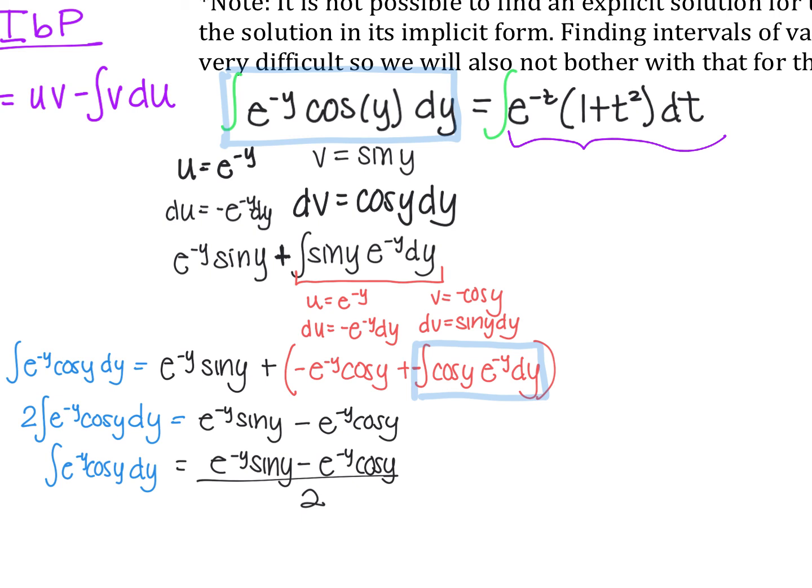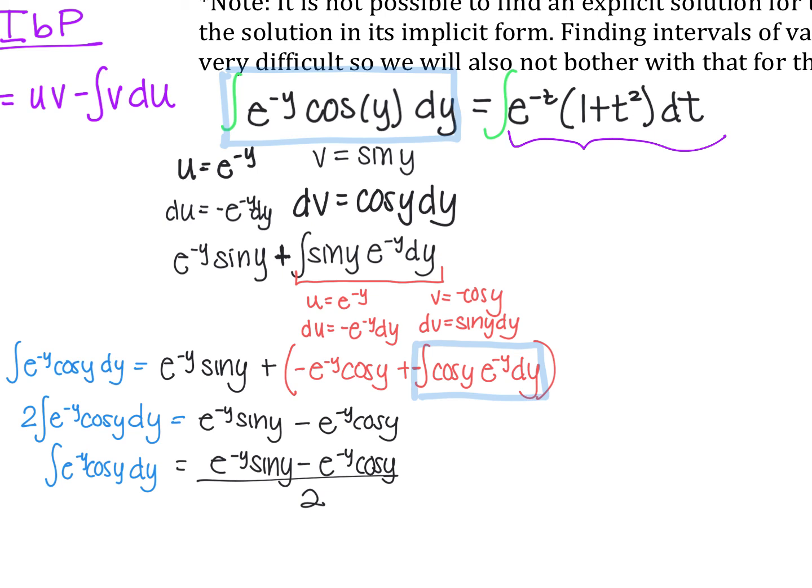If I have a polynomial multiplied by anything else, I would have to do integration by parts multiple times again. Why? Because every time I take the derivative of that polynomial, it's going to get less and less degrees, which is good, but it means I have to repeat the process, especially when the other term is e to the negative t. Why? Because e to the negative t just keeps going. Derivatives or integrals, it keeps going.